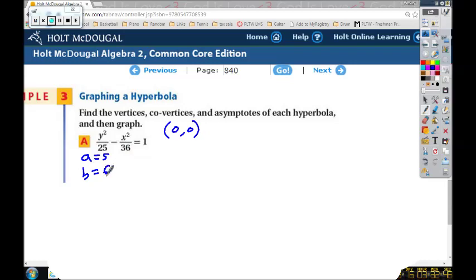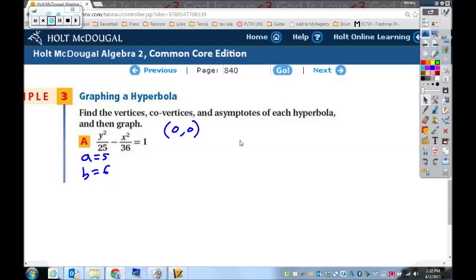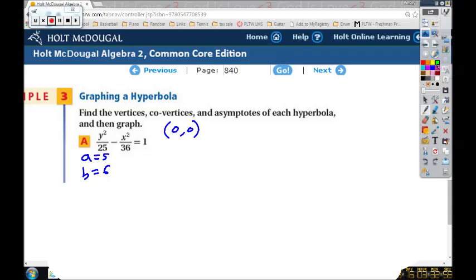And then my asymptotes are y equals... Now this one is vertical because the y is first, so because it's vertical I have plus or minus a over b times x.